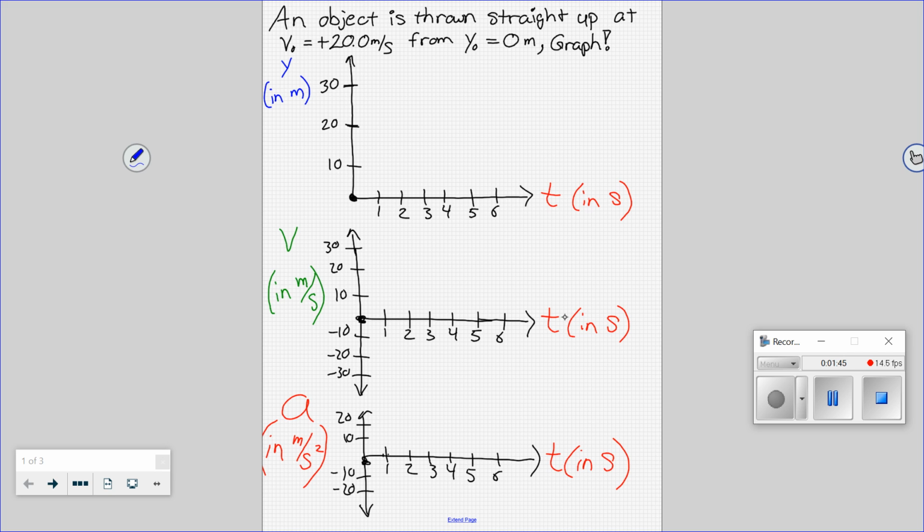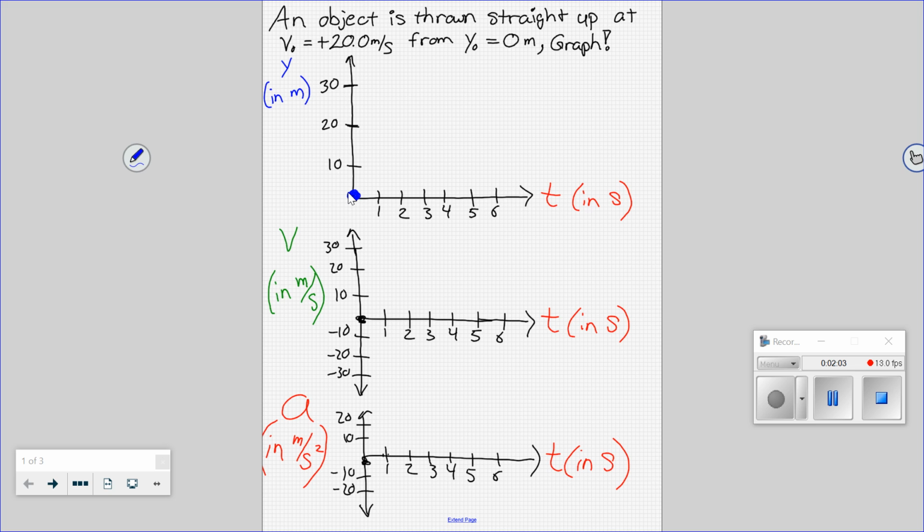Well, if you read the starting information, y0 equals 0. So we better start right there. Then what happens? What's this graph going to look like? Well, if I try it in real life, it should go up and come back down.